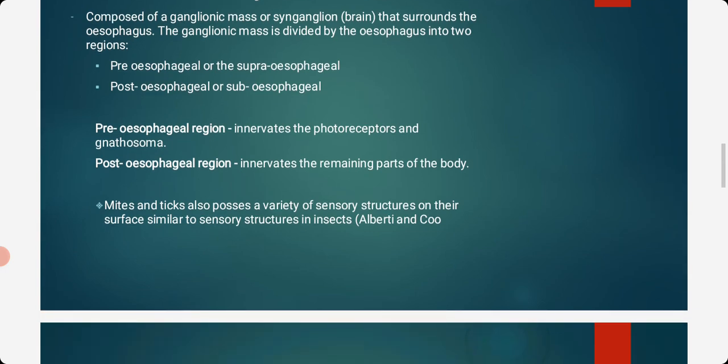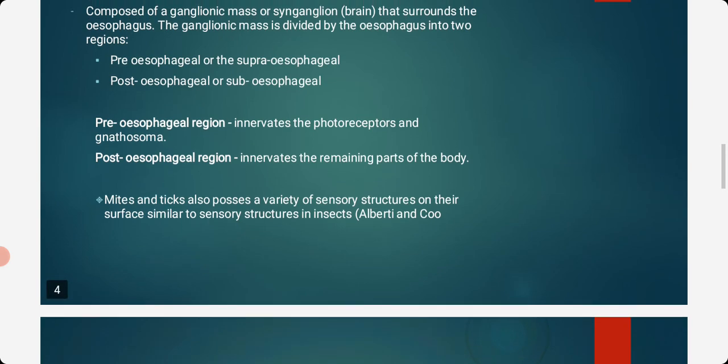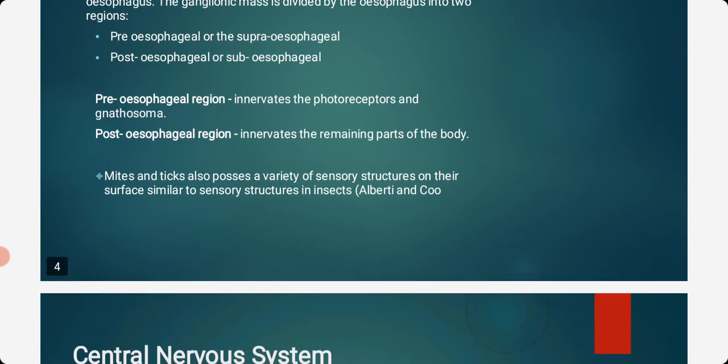So, yung ganglionic mass ay na-divide ng two regions. Ito yung una, yung pre-esophageal or the supra-esophageal. And then, yung pangalawa is yung post-esophageal or sub-esophageal.